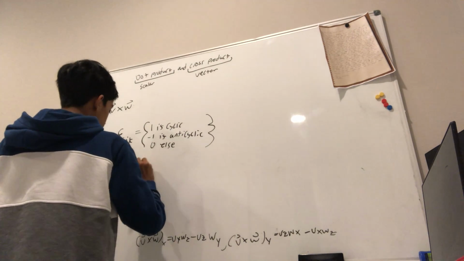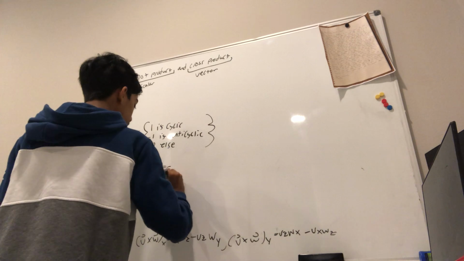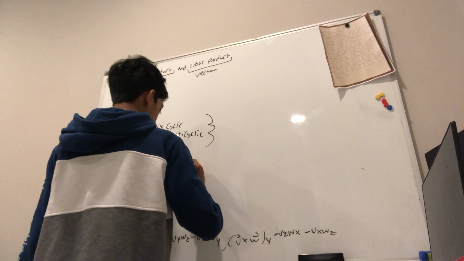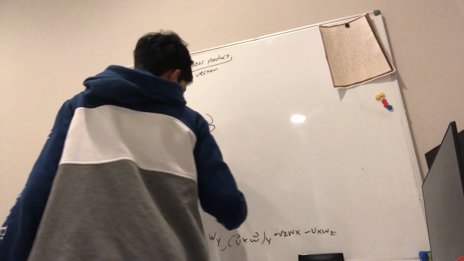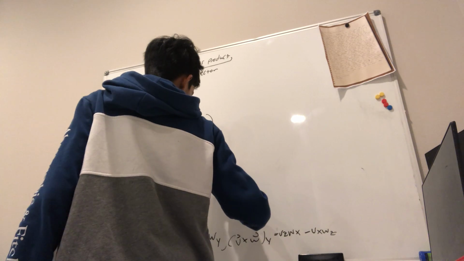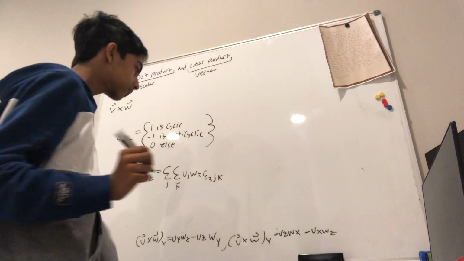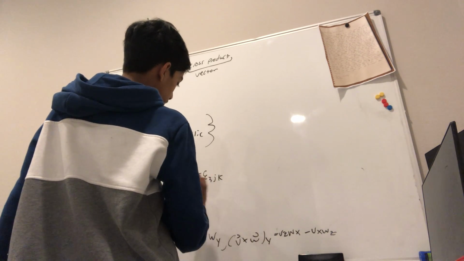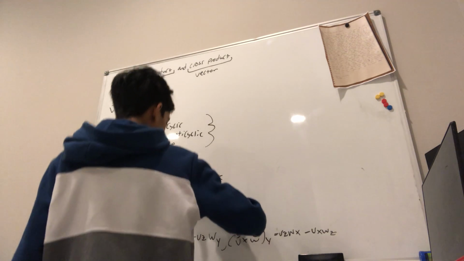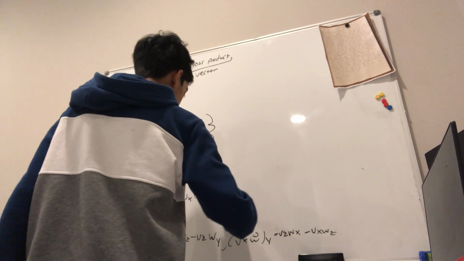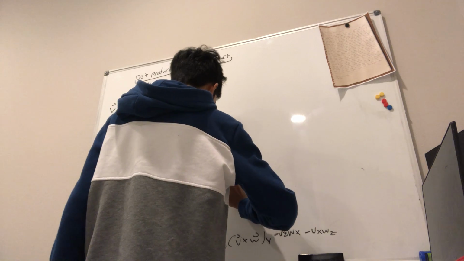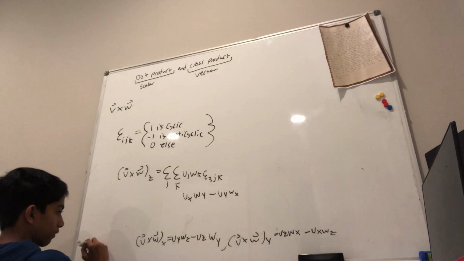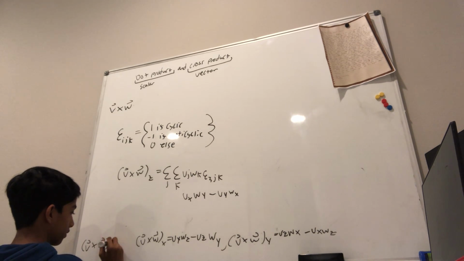So (v cross w) sub z is equal to the sum over j and sum over k of v_j w_k epsilon_3jk. If we want to make this cyclic again, j must start at 1, so k equals 2. So this would be v_x w_y minus, switching the two around, v_y w_x. And this is our final term for the cross product.